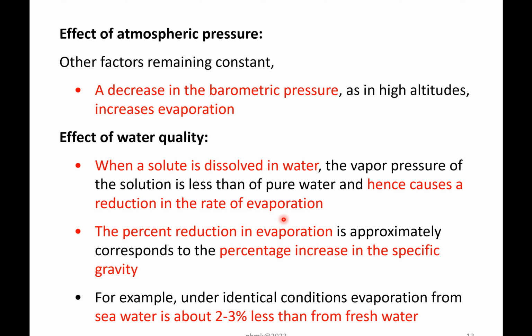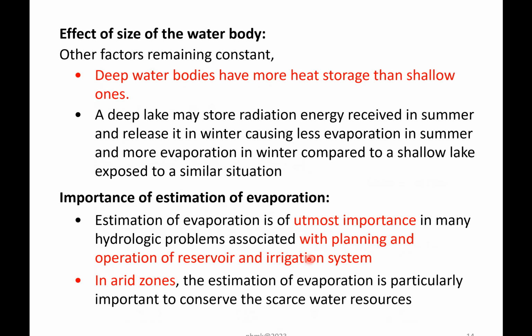When there is solute, or when the water is turbid, the evaporation is expected to be less compared to clearer water. For seawater, since there is salinity in the water, it is expected to be 2 to 3% less compared to freshwater evaporation.